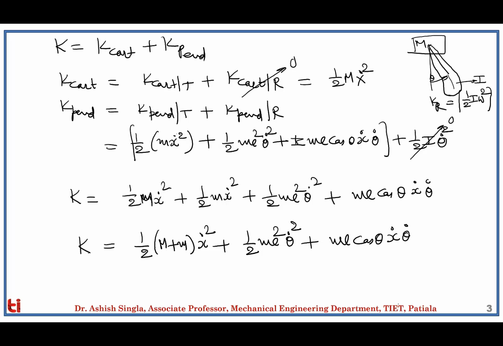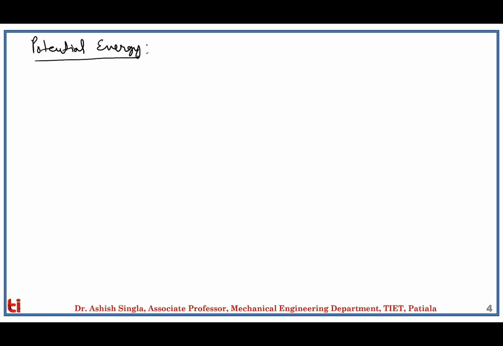Next, we'll try to calculate the potential energy of the system. Potential energy, which is written as P, is the potential energy of the cart plus the potential energy of the pendulum. Let's calculate both terms one by one.